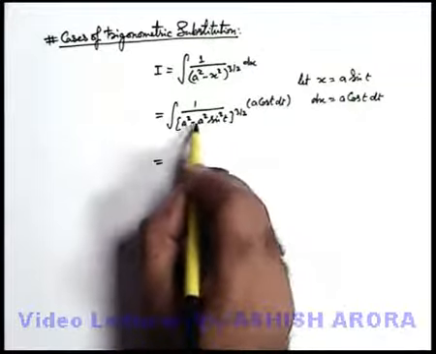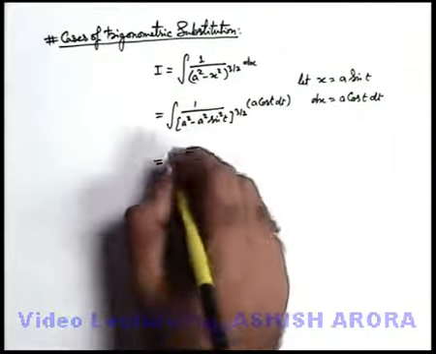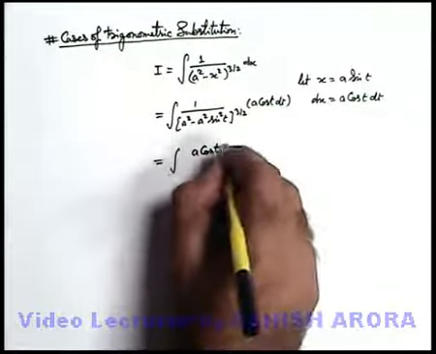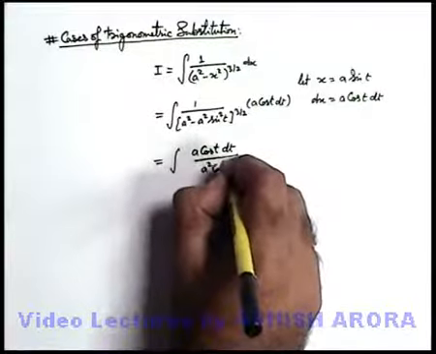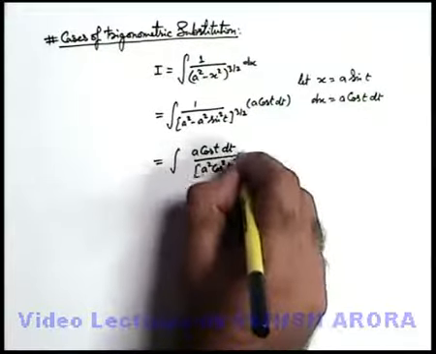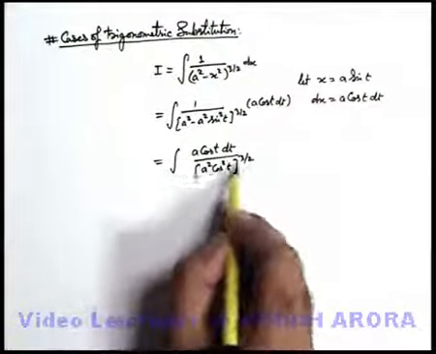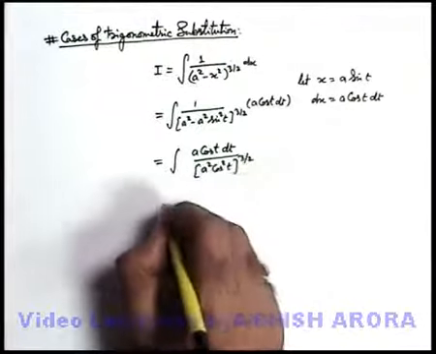and in the denominator you can see we can take a square common, it will be a square cos square t. This is integration of a cos t dt upon (a square cos square t) whole power 3 by 2. Here this 2 can be cancelled out and the whole can be taken as cube.